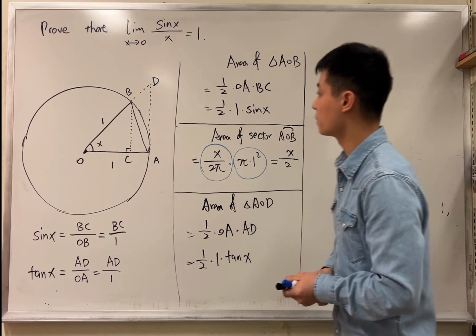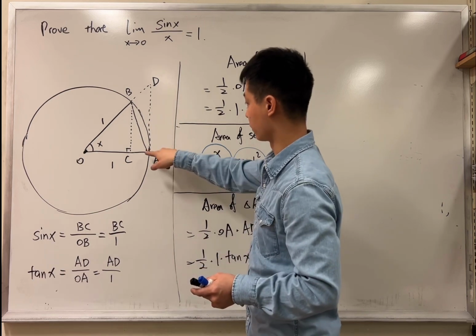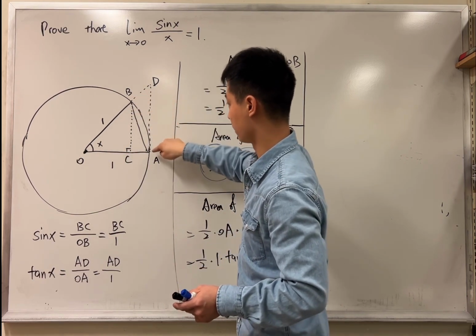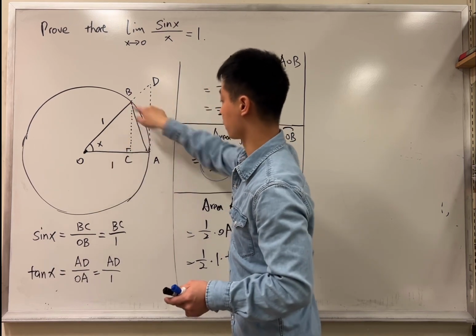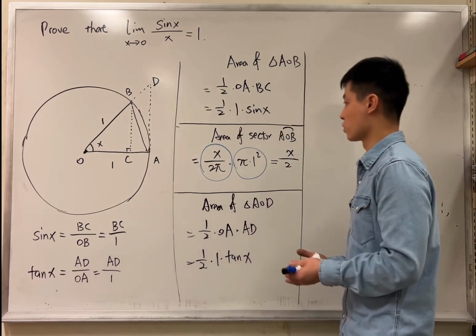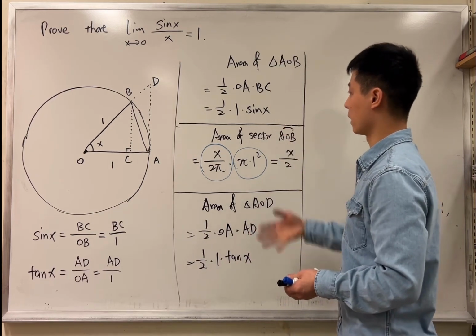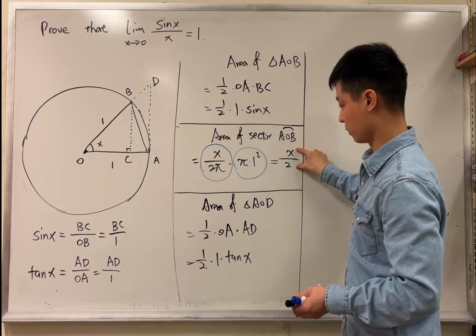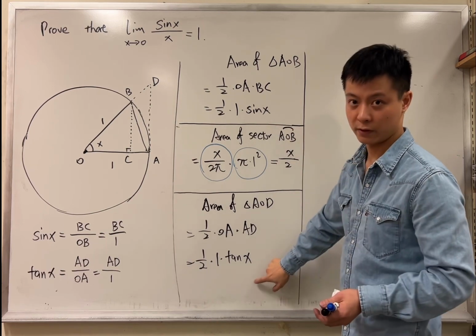By observation, we can see that this triangle AOB is contained in this sector AOB, which is contained in the bigger triangle AOD. So we're going to have a relationship among the areas. We have the area of this will be less than the area of that, which is less than the area of this.